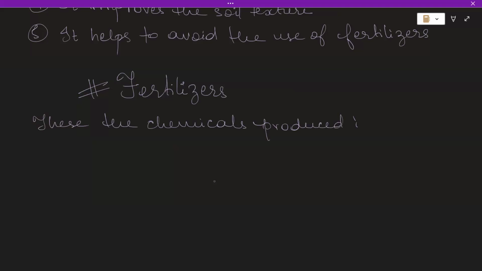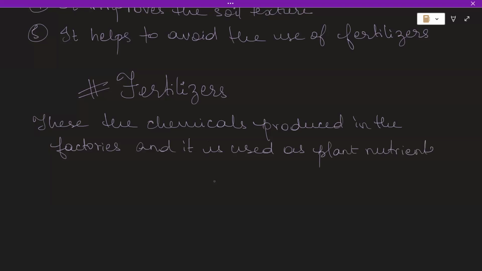This is unnatural. It is a chemical produced in the factories and used as plant nutrient. It is a very good source of various nutrients.